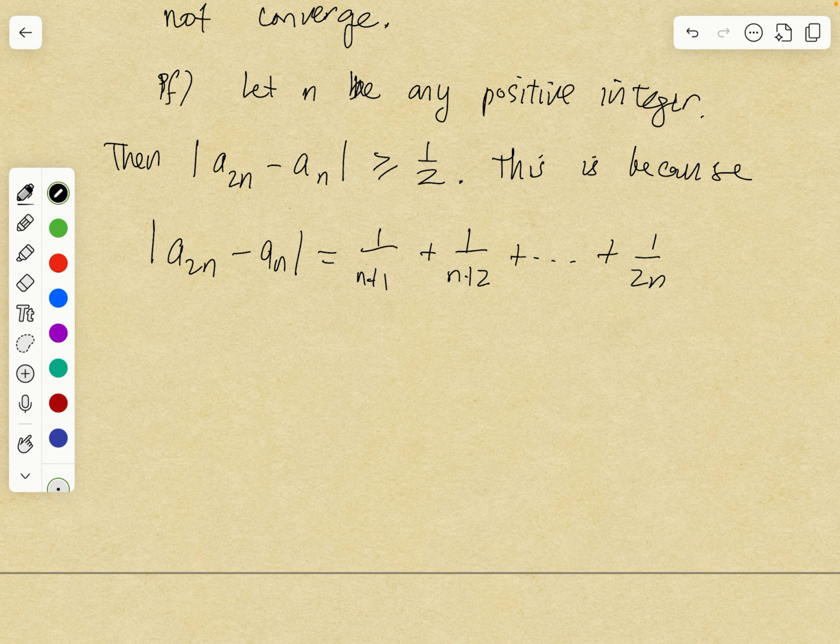And then the point is that each of these, 1 over n plus 1, 1 over n plus 2, are all greater than or equal to 1 over 2n. So this is greater than or equal to 1 over 2n plus 1 over 2n, and so on. Now, how many terms do I have? I have n terms.